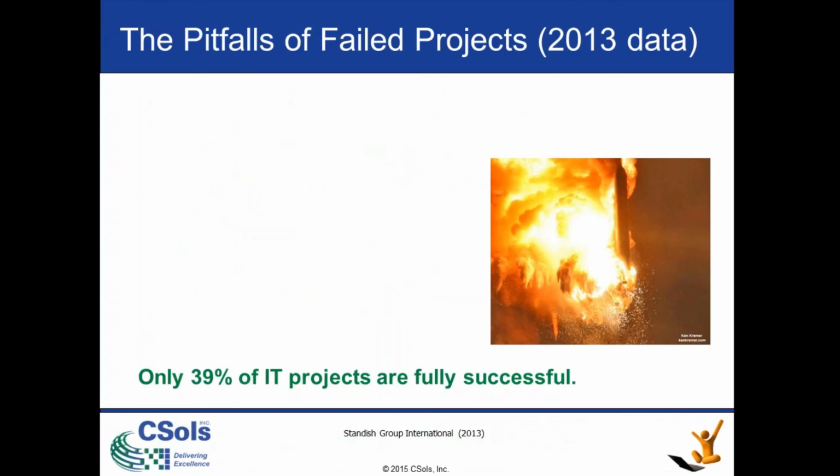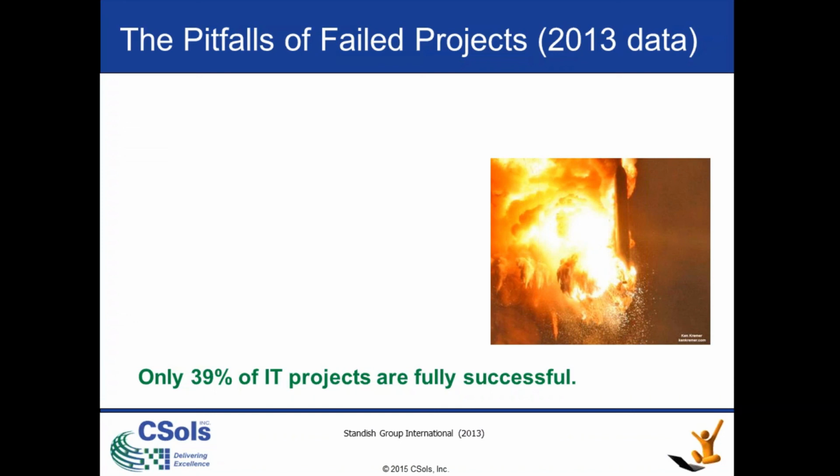Unfortunately, there's a lot of things that can go wrong. And we're going to look at some of the areas of risk right now and identify mechanisms to mitigate that risk. So if we look at some data from 2013, we find that only 39% of IT projects are fully successful. Well, what does that mean? Number one, you've got to understand the definition of successful.